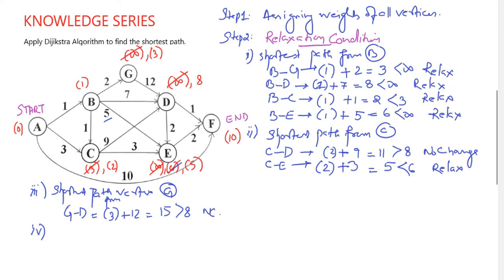Next, after G, what is the next one? D, E and F. We find E is the smallest one.